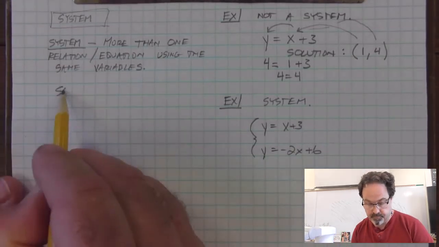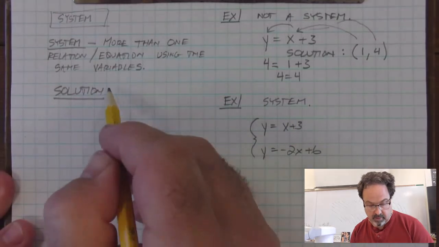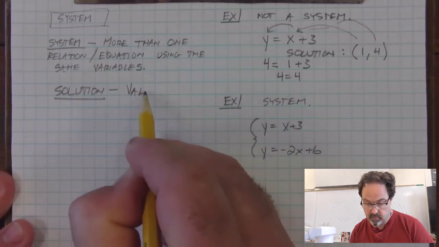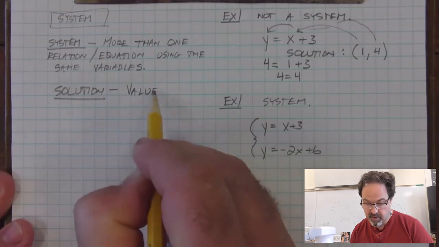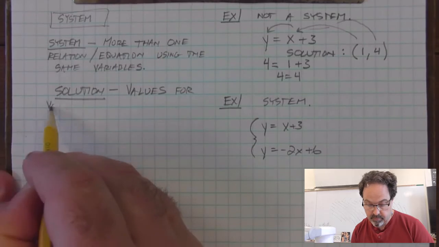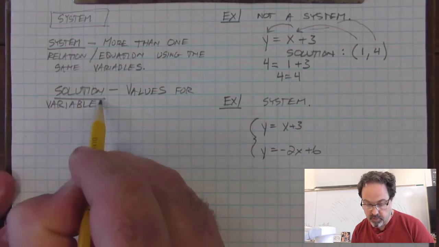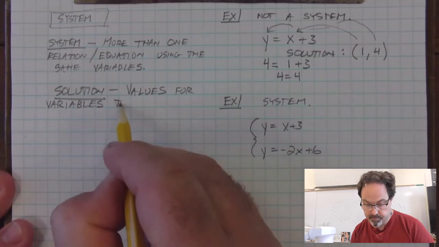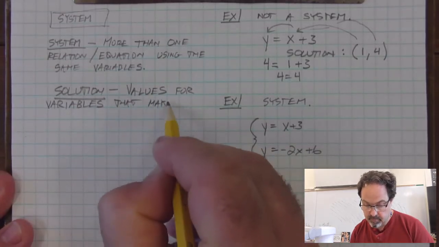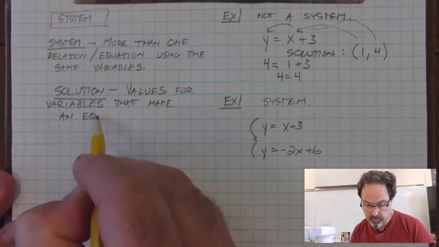In general, a solution is what we call values, or any values, for the variables in our equation or a problem that make an equation true.